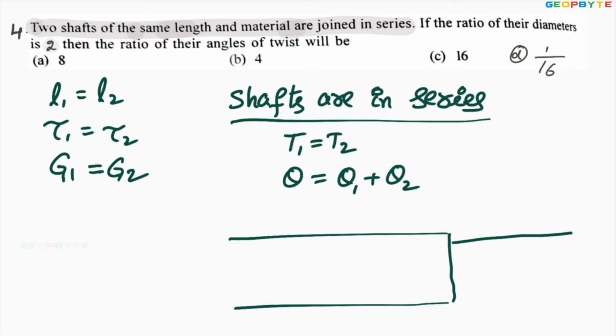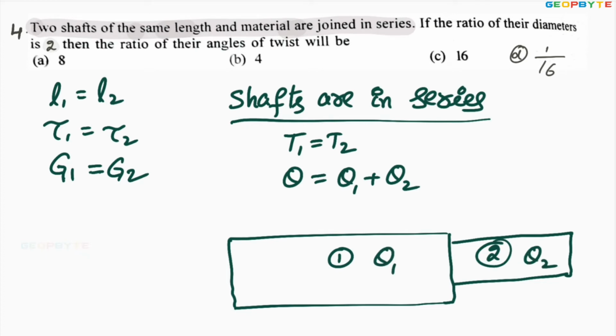For the series arrangement of the shafts, torque remains same. This is the first section, second section. Angular twist for the first section may be theta 1, for the second section theta 2. Then the total angle of twist theta equal to theta 1 plus theta 2. That is the condition for the series arrangement of the shafts.